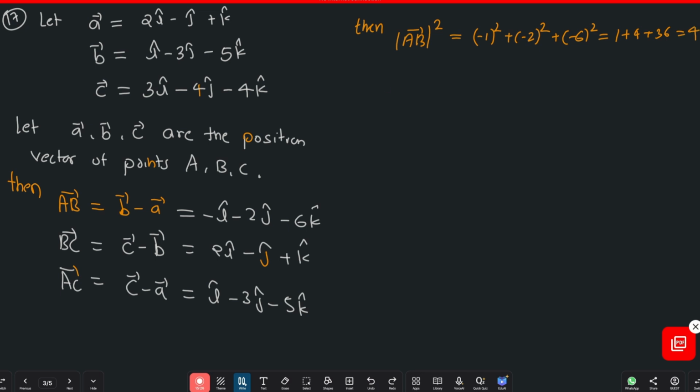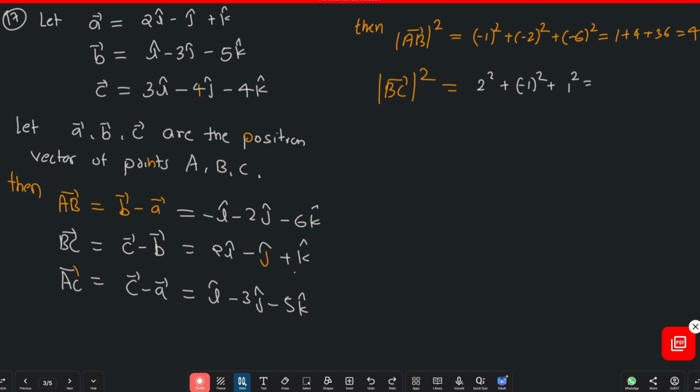Then what is BC length? I will calculate the square, because we are proving that these are the vertices of a right angle triangle. So we need to calculate the squares also, because we will be satisfying Pythagoras. So BC whole square: 2 square plus minus 1 whole square plus 1 square.